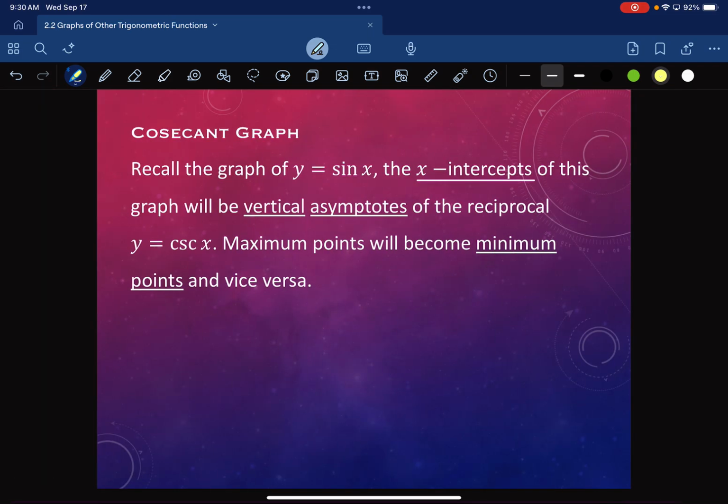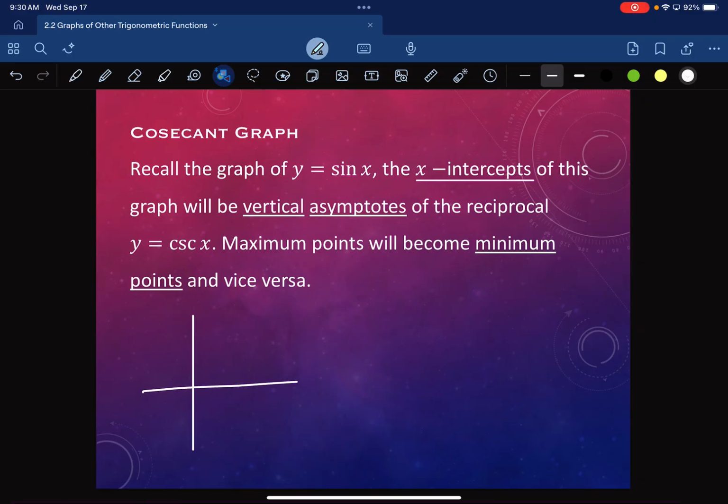Okay, so all the same details that you just wrote down is what you're going to write down again on this same slide. And I'm going to sketch the same graph, and this one's actually a little easier to sketch because I don't have to span over to the negative side of the x-axis. So the sine graph typically starts at the origin, right?